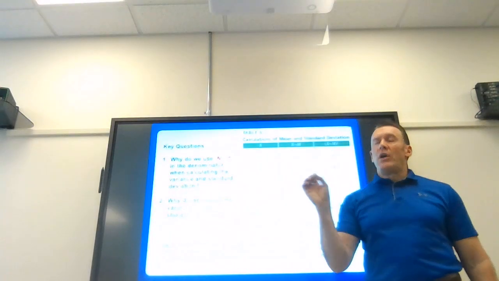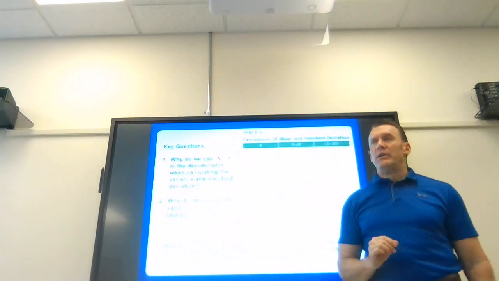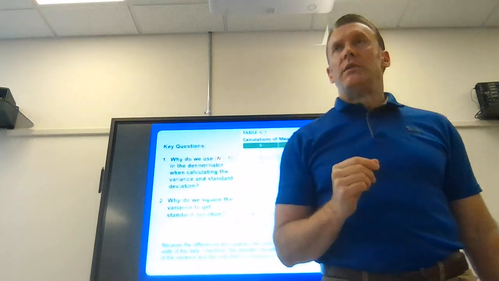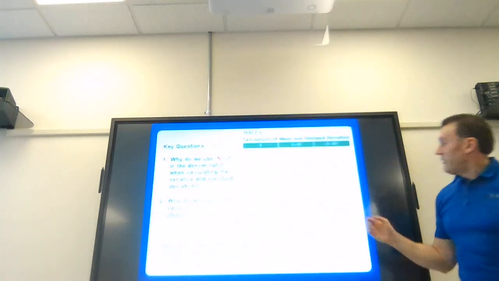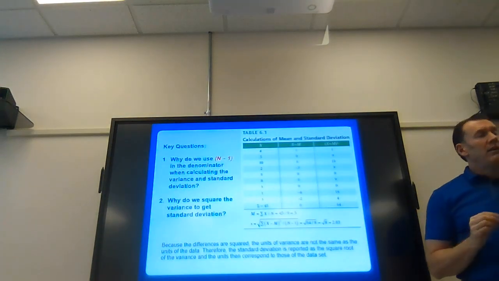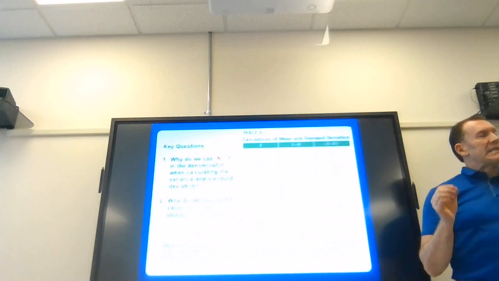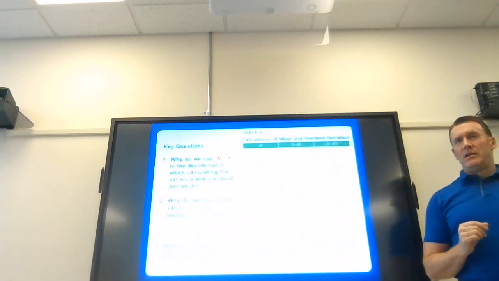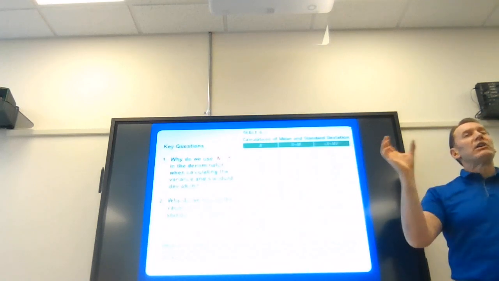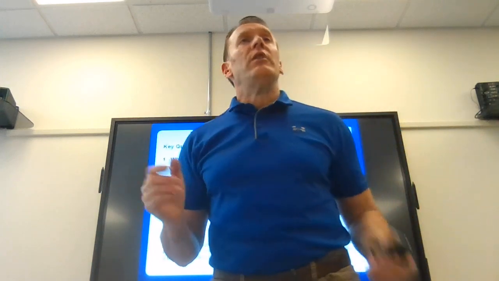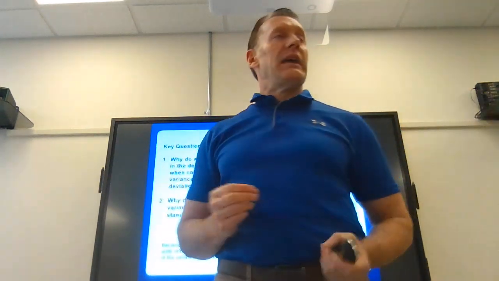If you have a smaller number in the denominator, you're going to get a bigger number for your result. If you don't believe me, divide 64 by 9, tell me what you come up with, and then divide 64 by 8 and tell me what you come up with. You get a bigger number because we would expect the population to have more variability than the sample.